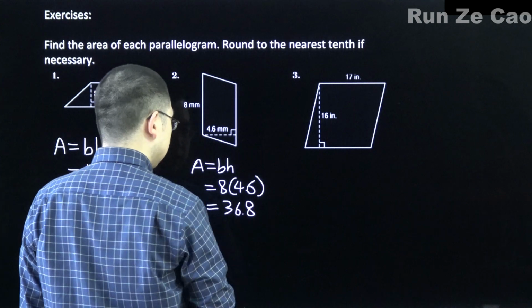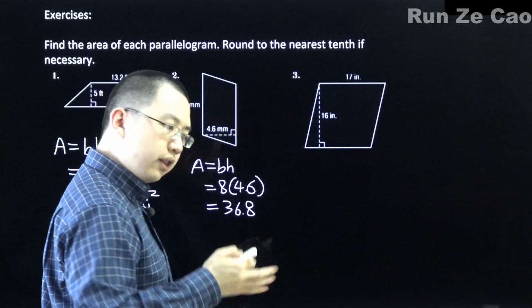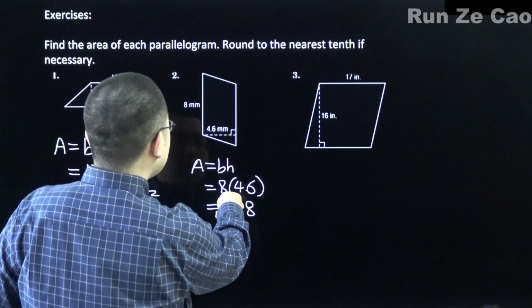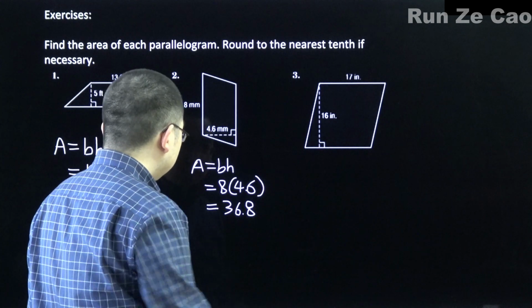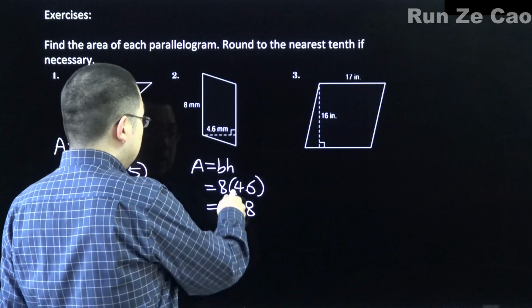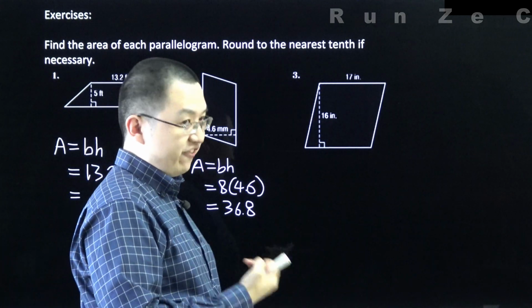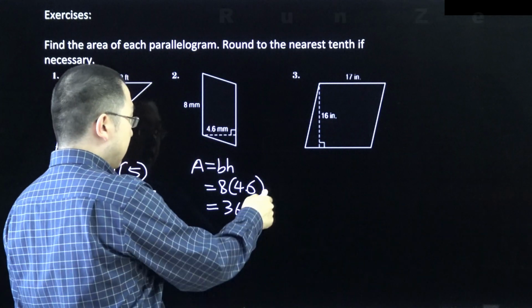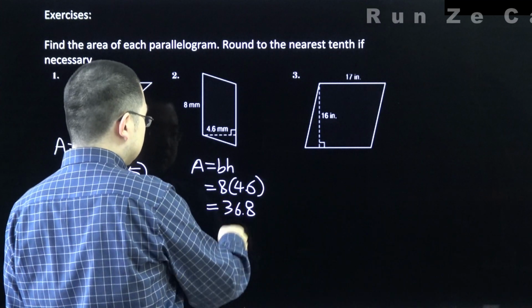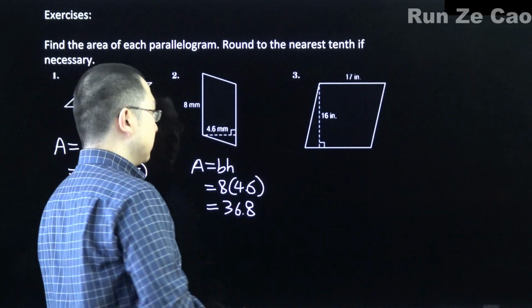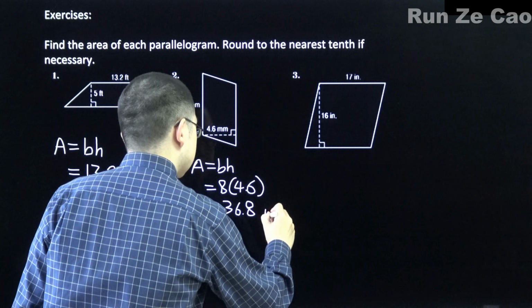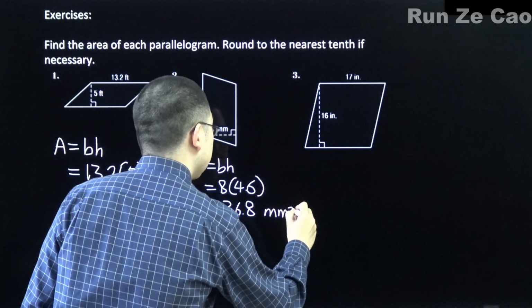So it's 36.8. Another way we could have done this was 4.5 plus 0.1. 4.5 by 8 is the same as 9 by 4, which is 36. And then the 0.1 times 8, that's just 0.8. What are the units? It's millimeters squared.